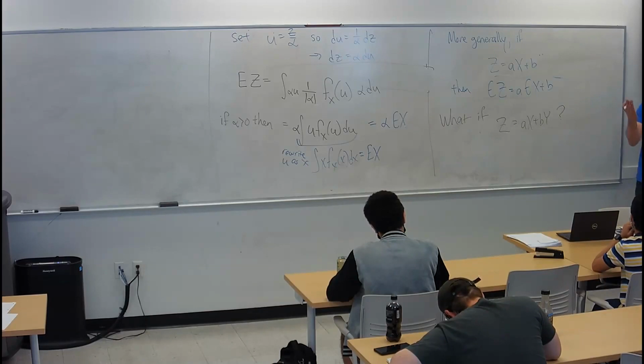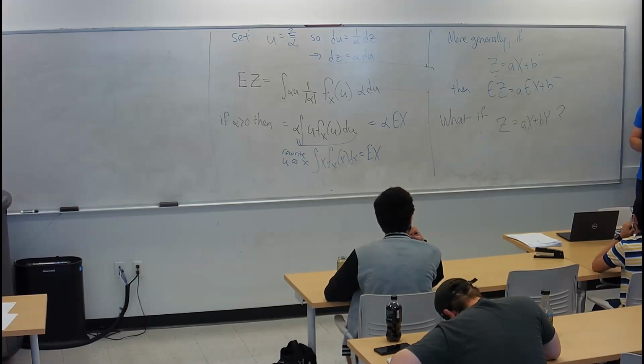Any guesses? Then the expectation E of Z would be A E of X plus B E of Y.